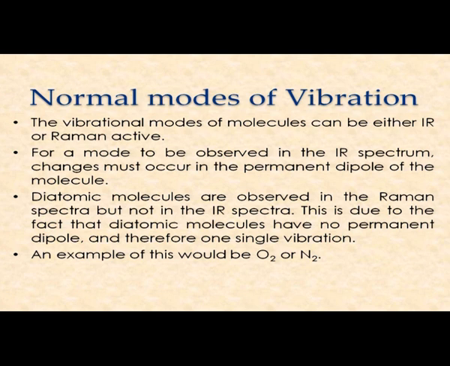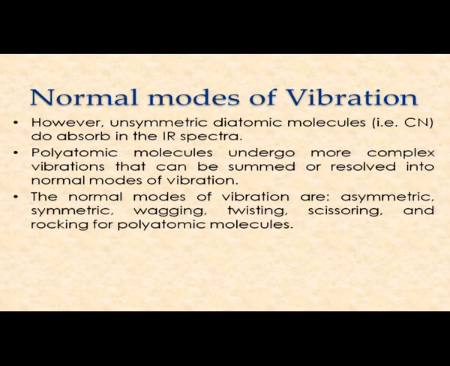So, dipole property of a molecule plays an important role to distinguish that molecule as infrared active or Raman active. However, unsymmetric diatomic molecules like CN do observe in the infrared spectra.